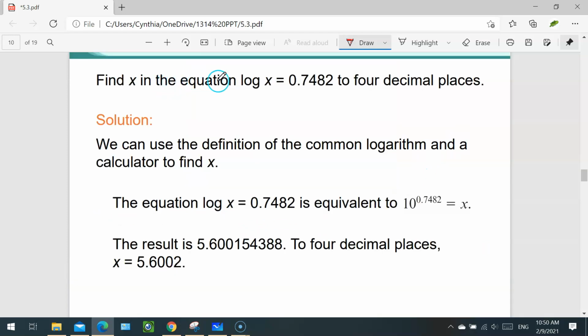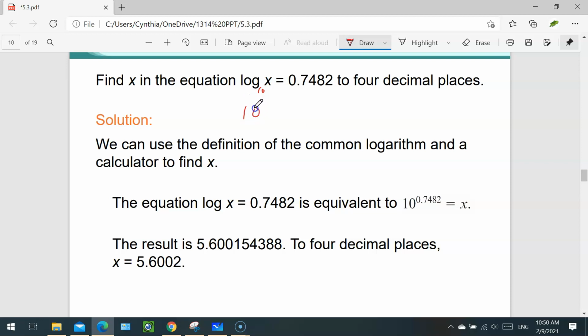Finding the x in the equation log x equal 0.7482, to four decimal places. Solving this problem, you need to use a calculator. So let me write it down here: log x equal this number, right? So we know it's base 10. Now convert the logarithm form into the exponential form.